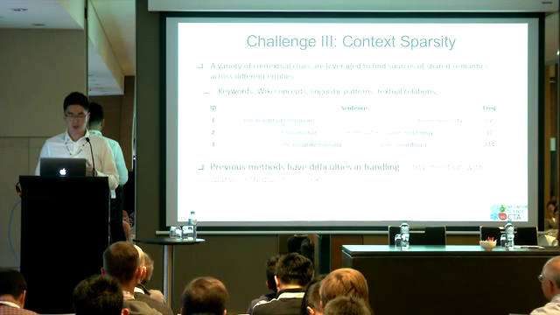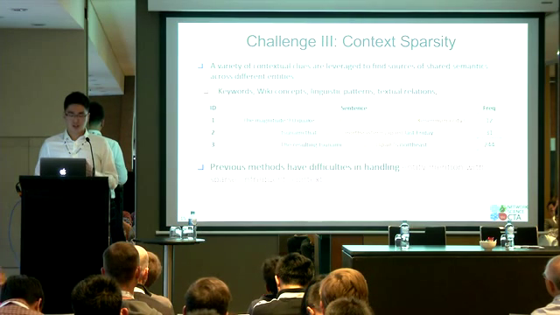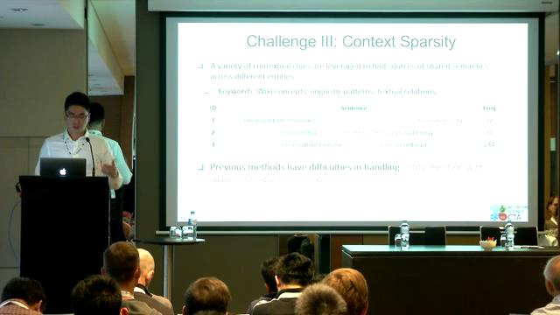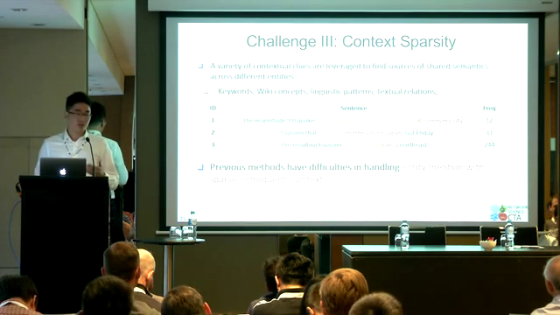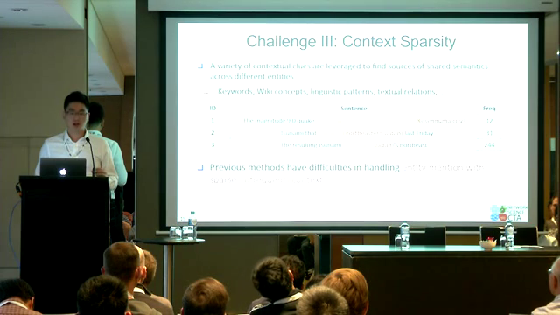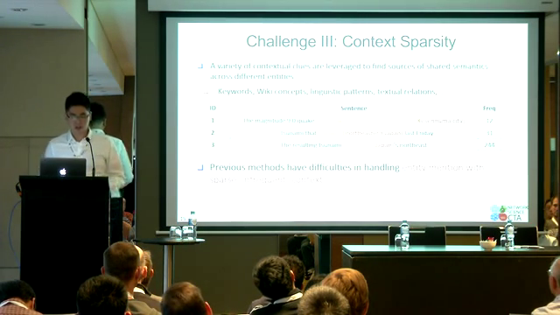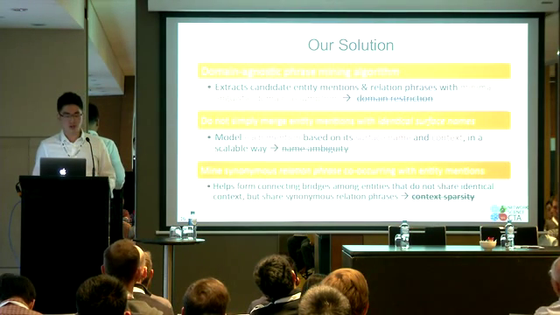For example, when you're trying to mention that a tsunami devastated Japan's northeast part, you can also describe it in a way like "ravaged" or "caused widespread devastation in". Some of these ways are pretty frequent in the corpus, but some are like a personal way of saying it, and very rare in the corpus. How can you bridge all these synonymous phrases together? That's the third challenge.